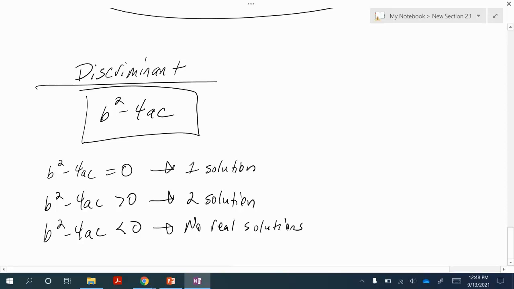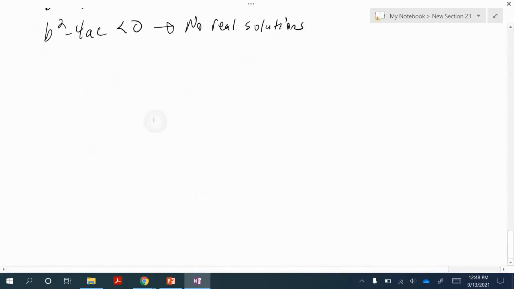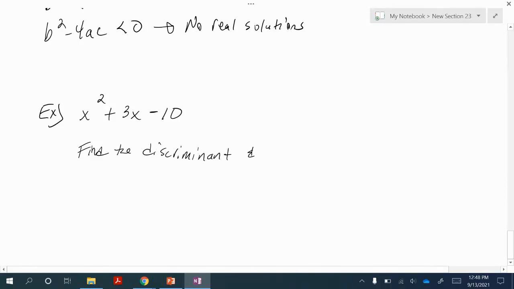All right, so let's look at an example. So here we're given x squared plus 3x minus 10. We're asked to find the discriminant and the number of solutions.